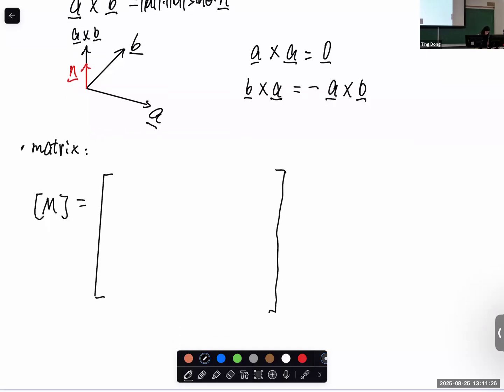Let's say for the first row, we have 1, 1, 1, 2, 1, and the first column I can write as 2, 1.